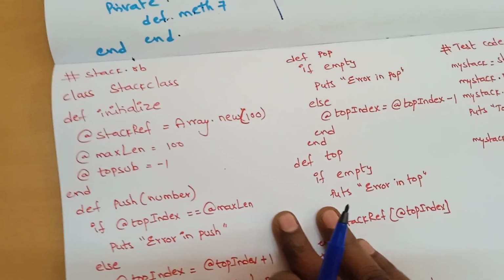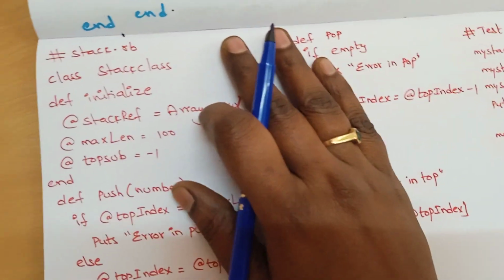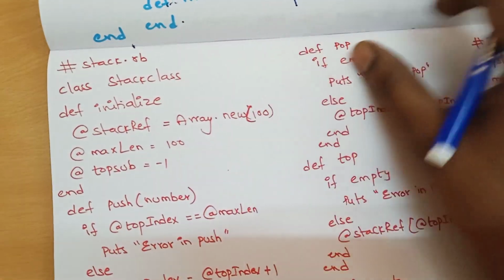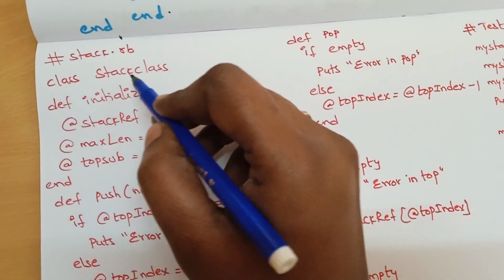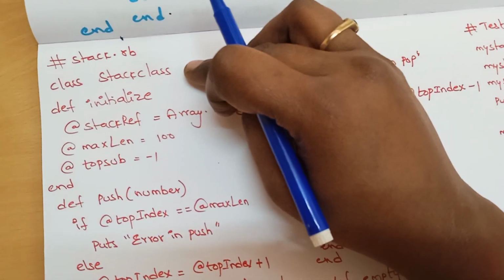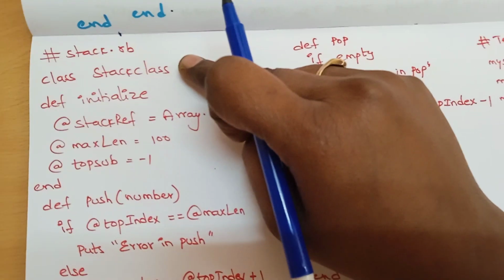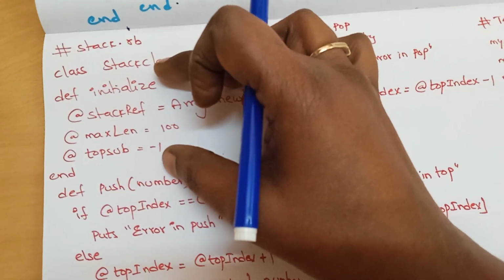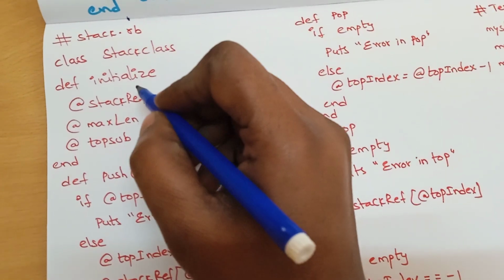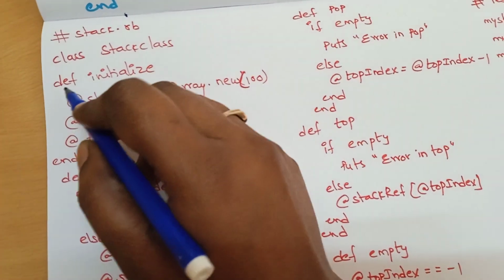Now let's see how a stack will be implemented using Ruby syntactical structure. So class, stack class, and now this class is going to have some data members and member functions. We'll take initialize, which is the constructor, and the constructor will begin with the def keyword.